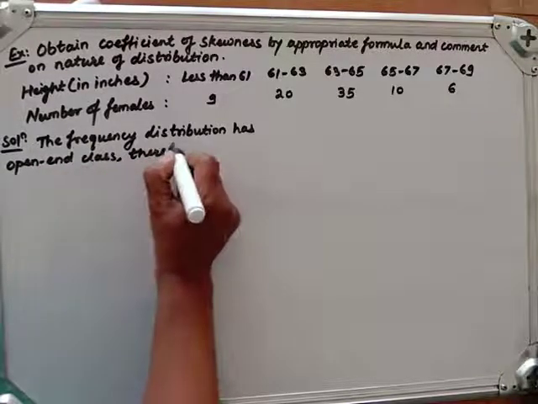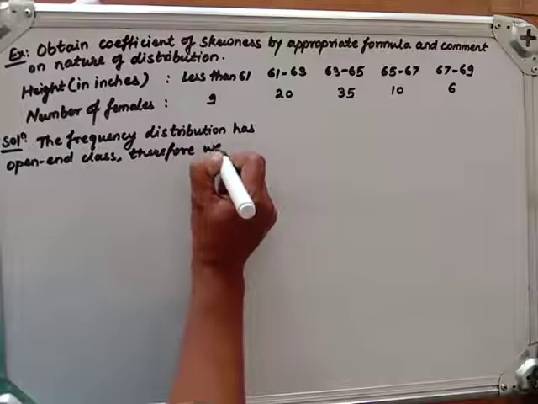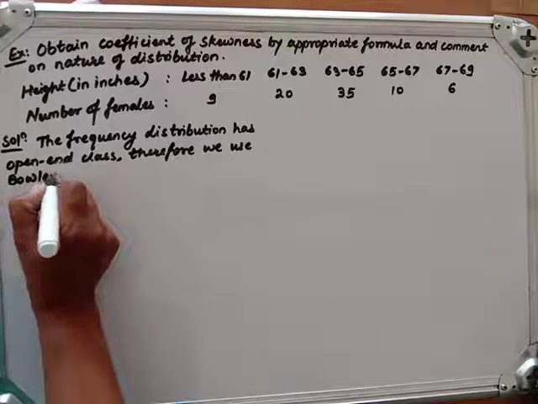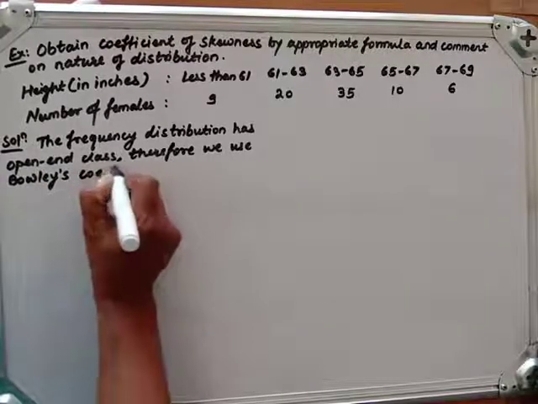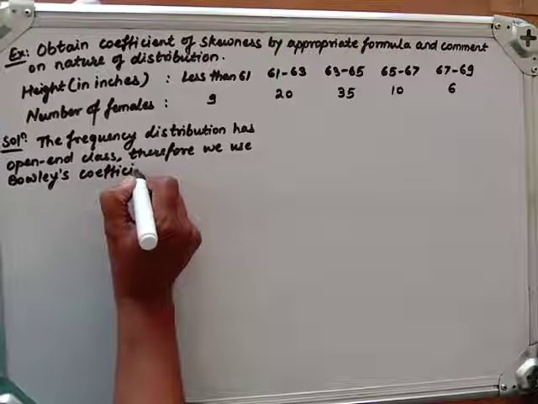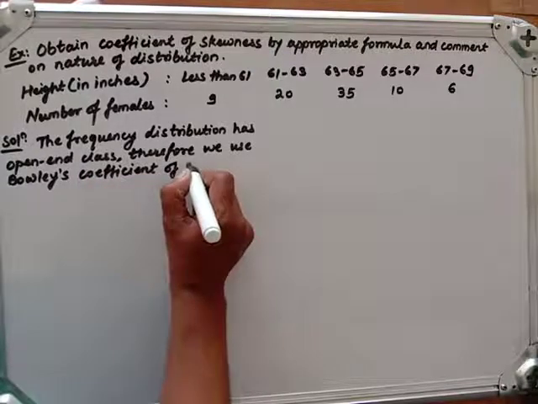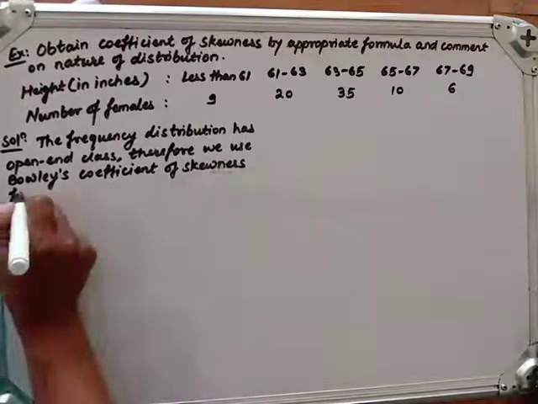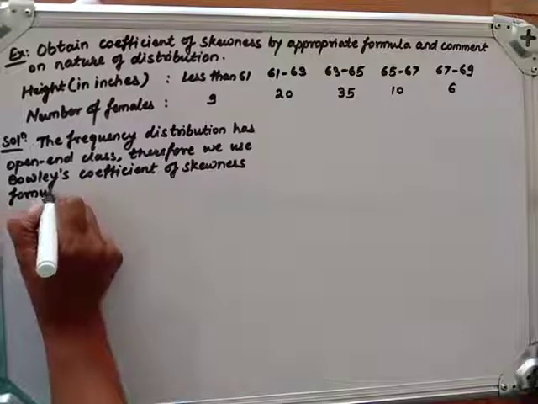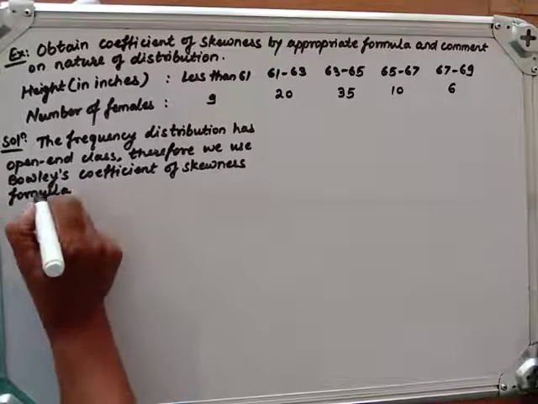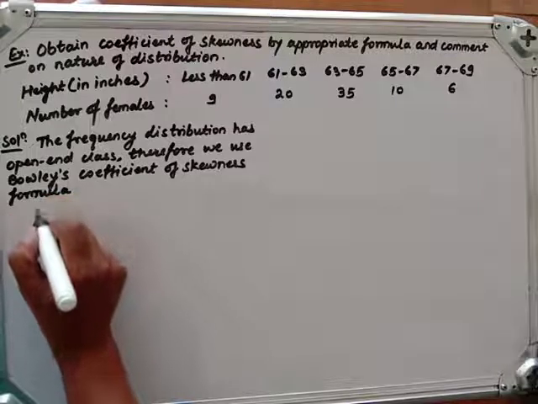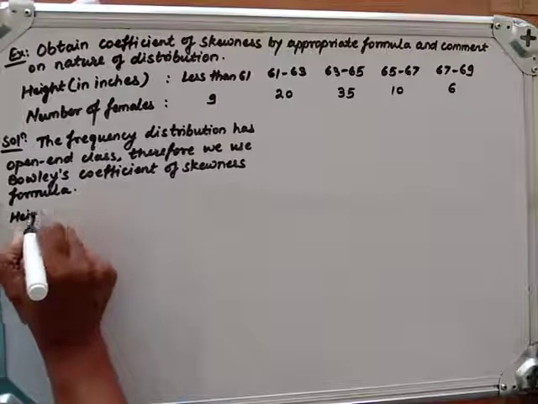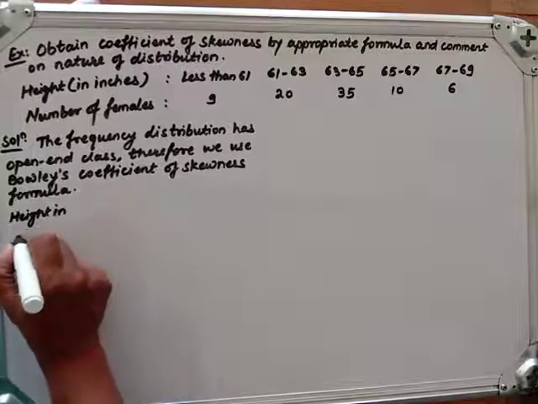Therefore, we use Bowley's coefficient of skewness formula. Okay. So now height in inches.